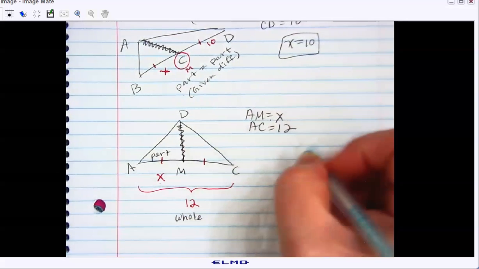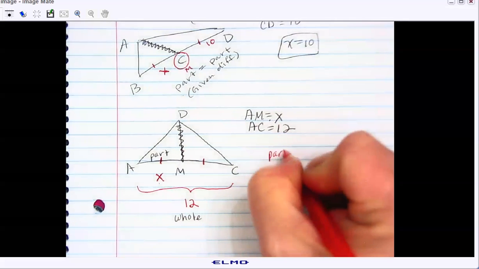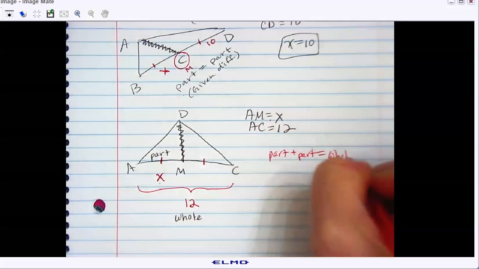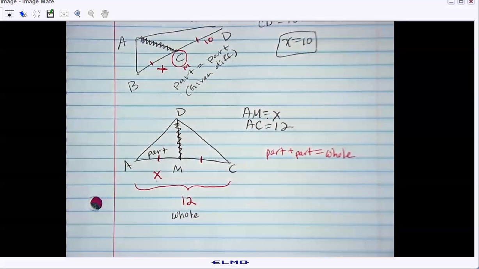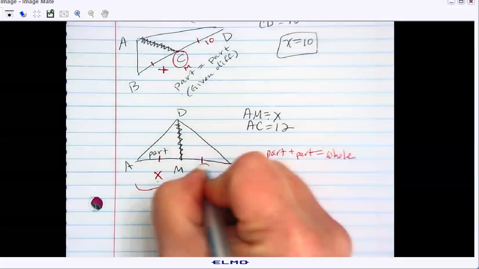Okay. So this one, we're going to have part plus part equals whole. But what do I use for this part?